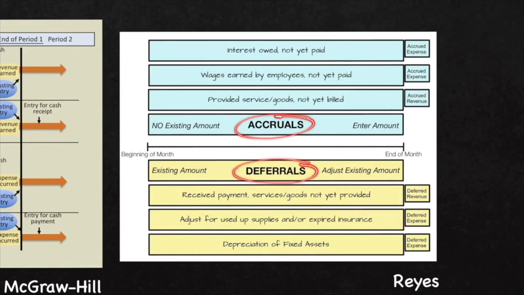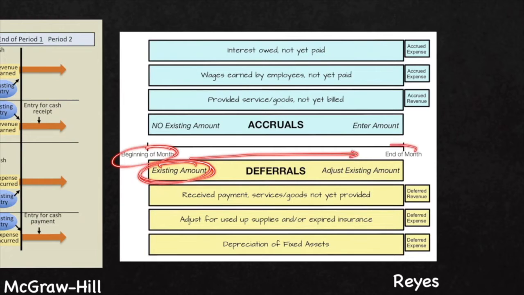It compares accruals and deferrals. Let's go over it one more time, the difference between accruals and deferrals. Let's start with deferrals. Deferrals, there's an existing amount. That's our timeline up there.